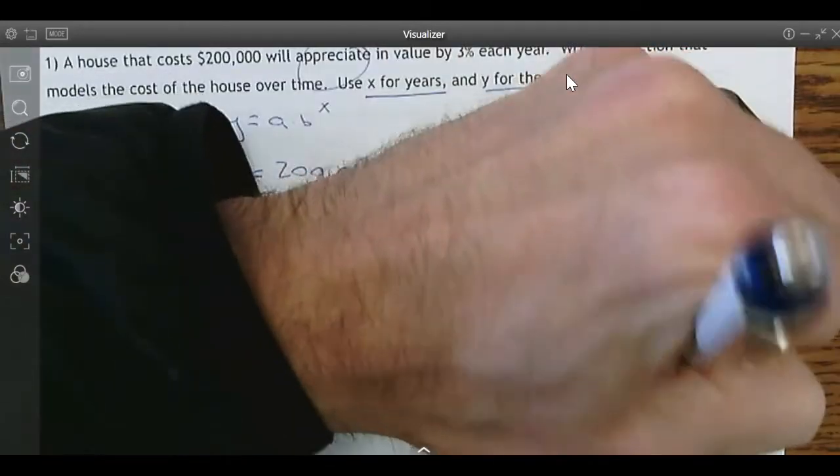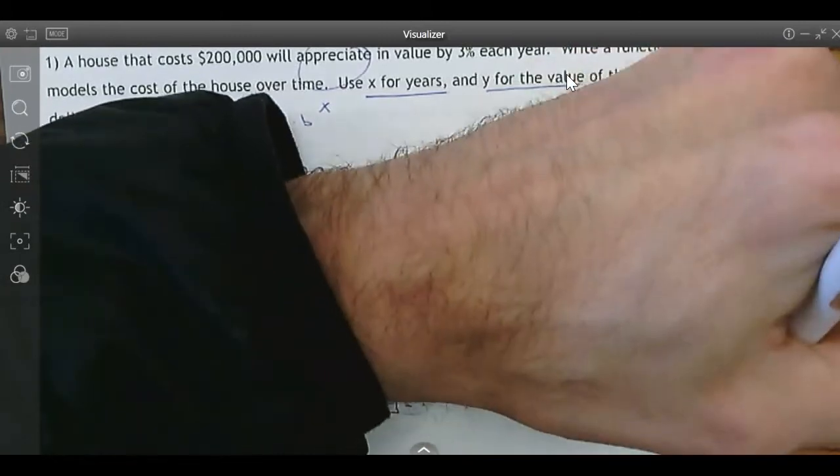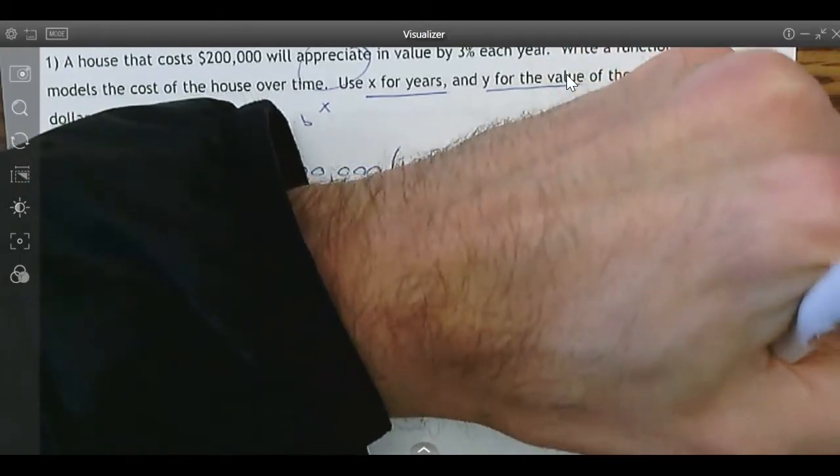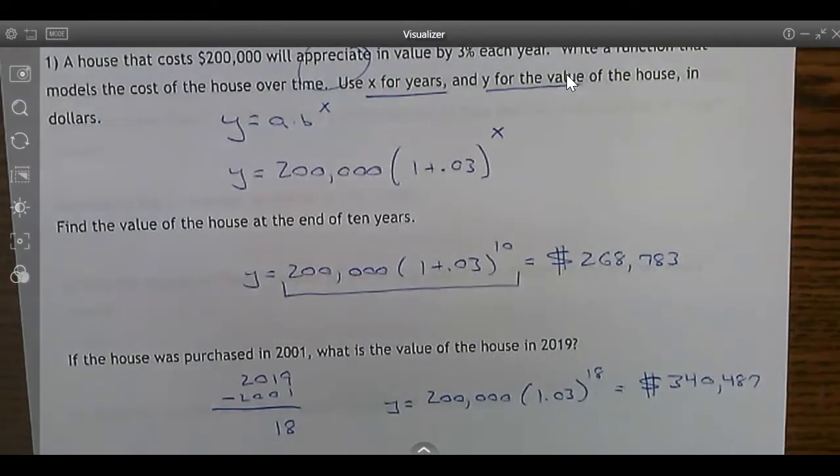At the end of those 18 years, this house is worth $340,487. Again, to the nearest dollar. I'm rounding to the nearest dollar, not cents, which you could do. Okay, so let's move on to another example.